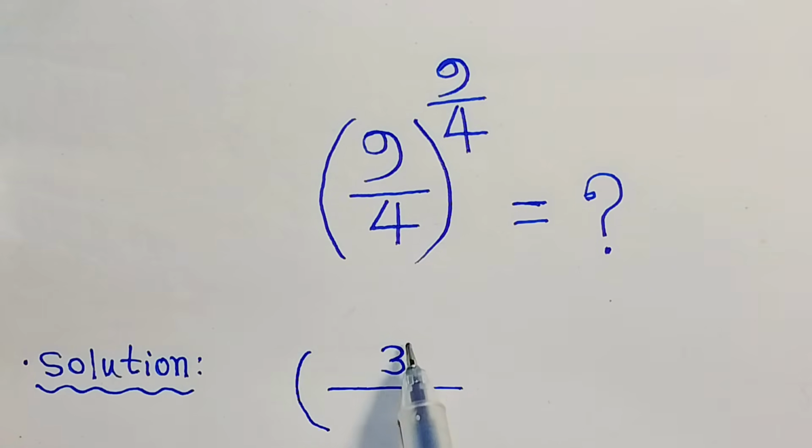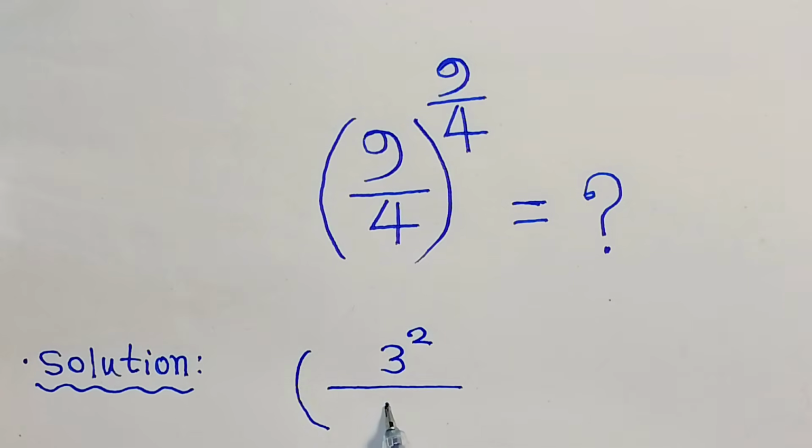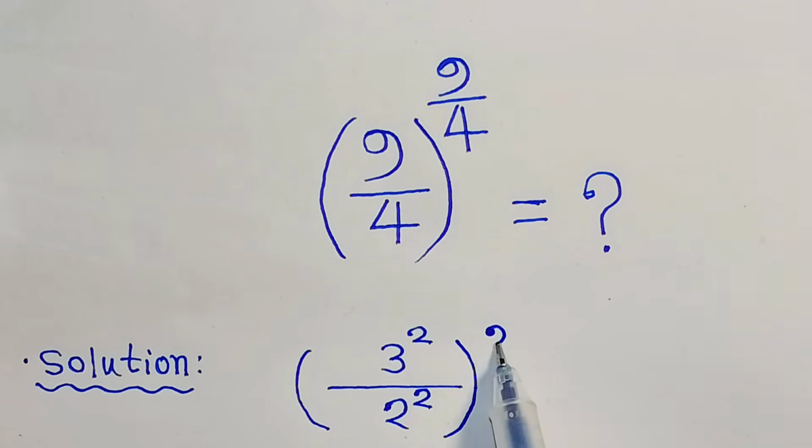We can write 3 squared as 9 and 2 squared as 4, raised to the power 9 divided by 4.